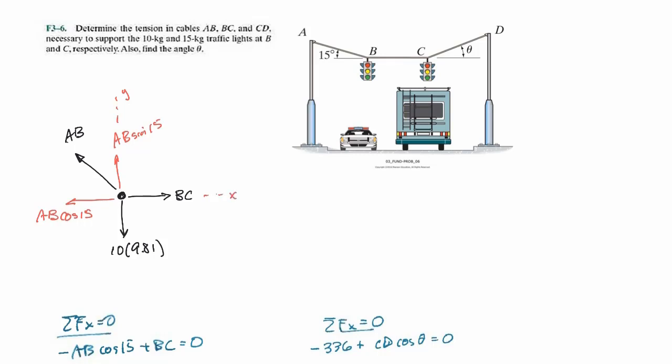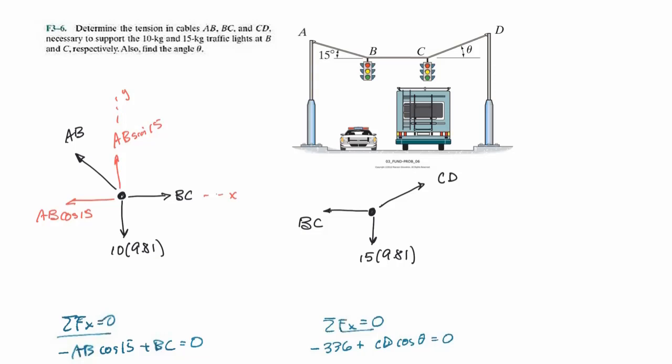Let's go ahead and draw the free body diagram of point C now. Point C has the weight coming down from that traffic light, so that is going to be 15 kilograms times 9.81. It's got a force going up here, I'll call that CD, and then it has BC or CB, either way you want to refer to it, going that way.